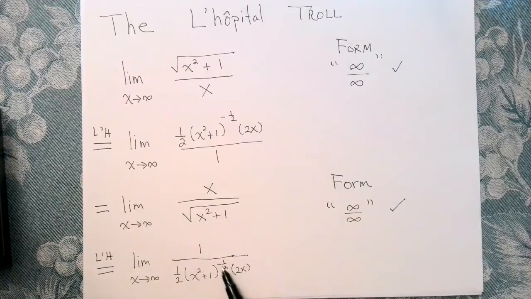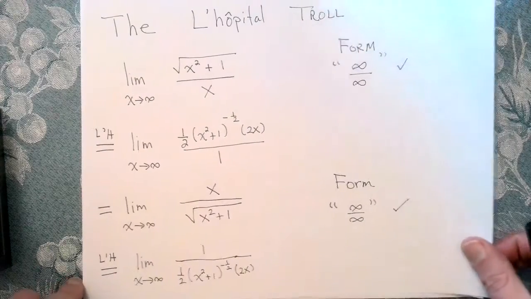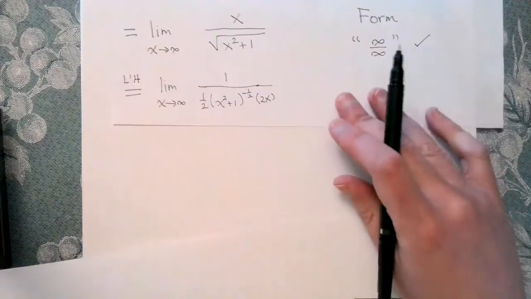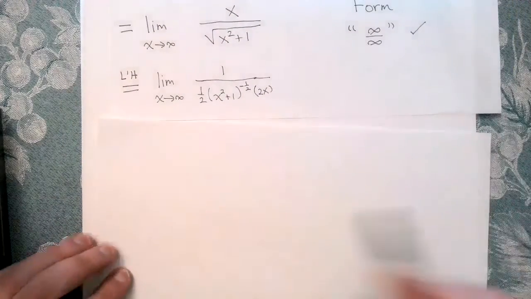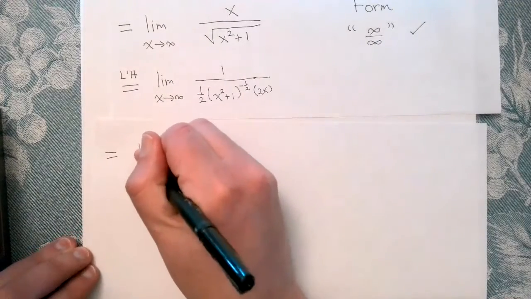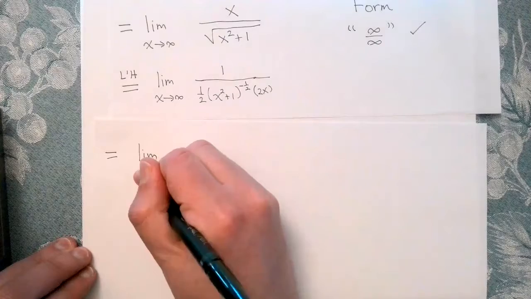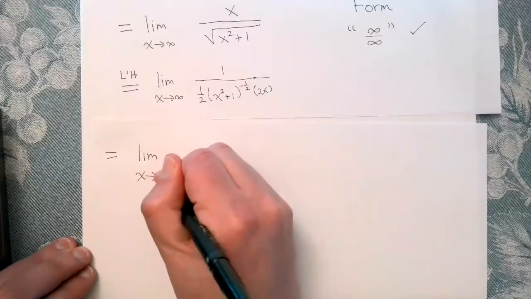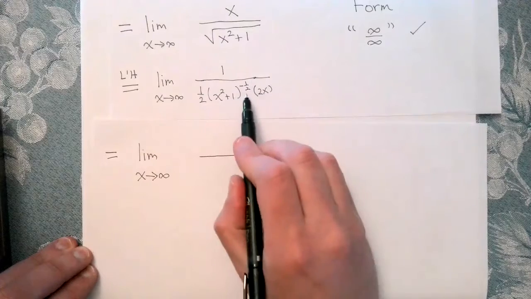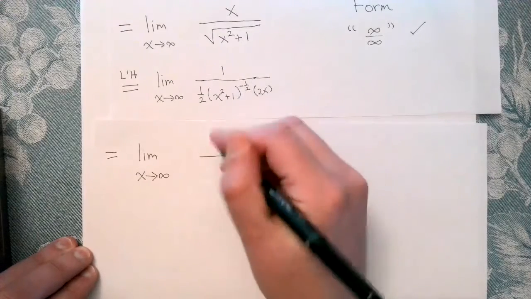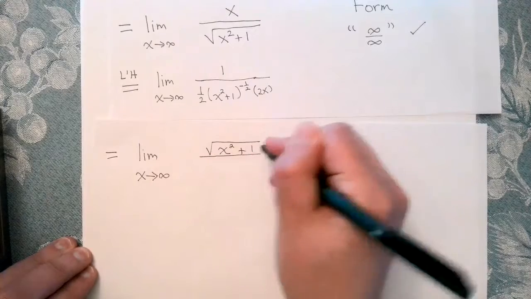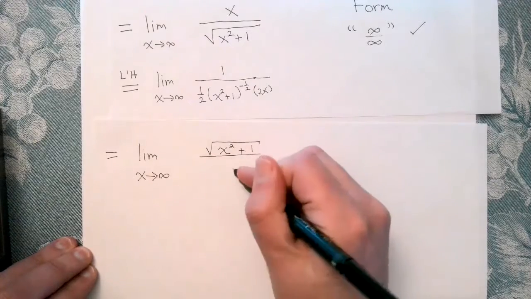So cleaning this up gives us the limit as x goes to infinity. In the numerator we have the square root of x squared plus 1, and then downstairs we have x.